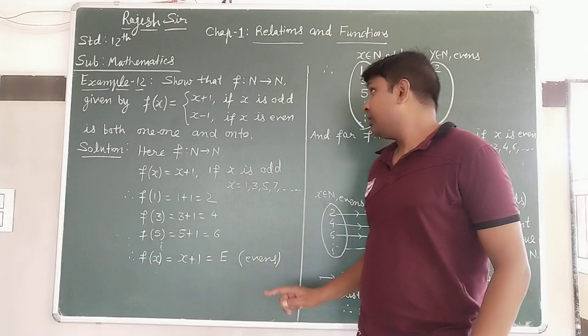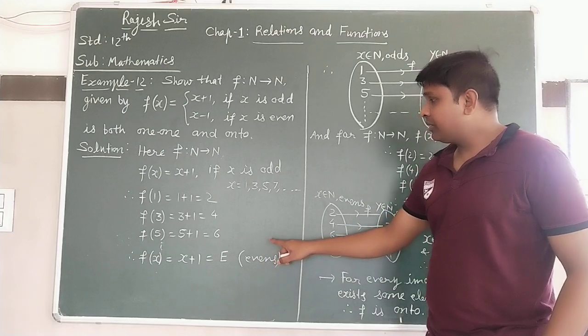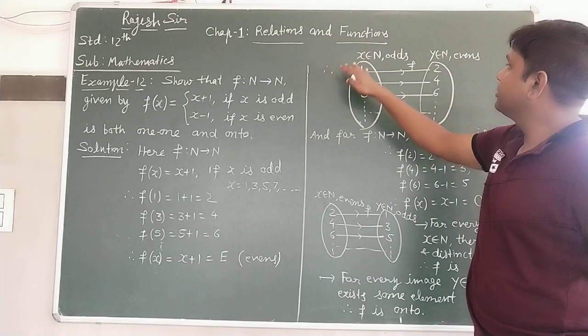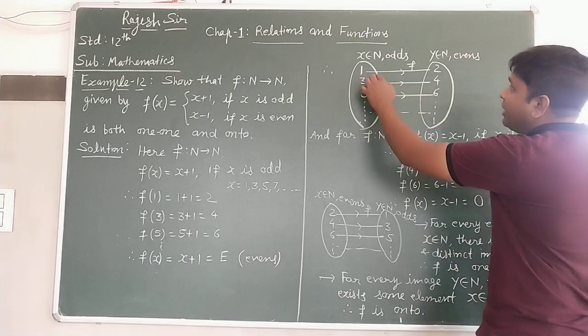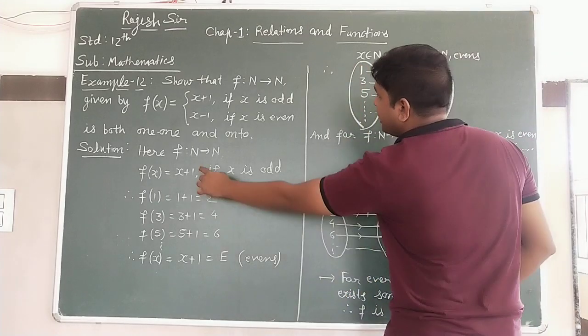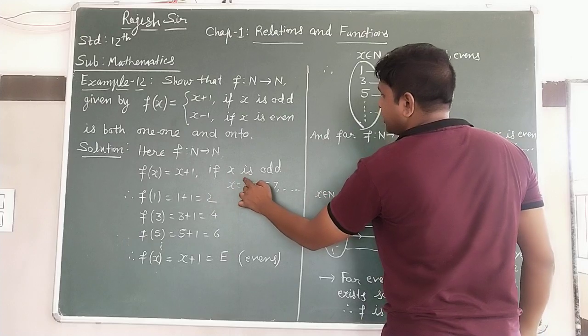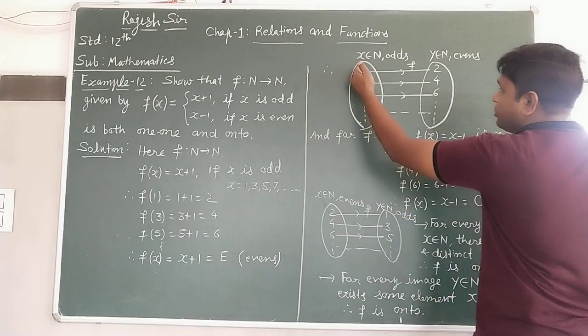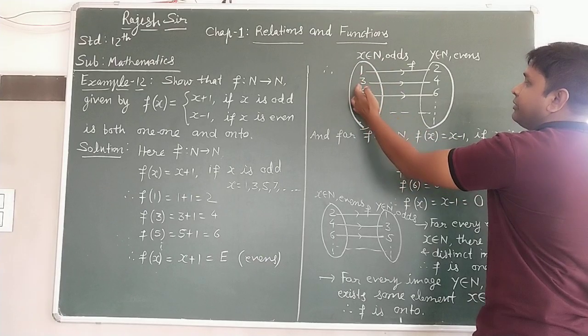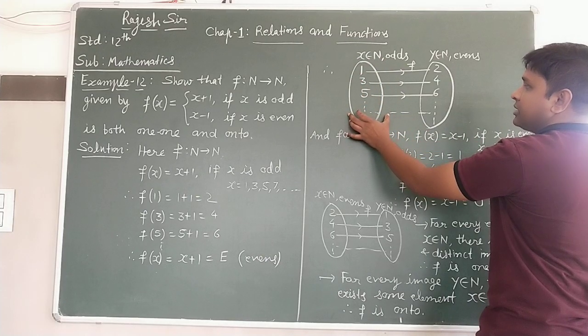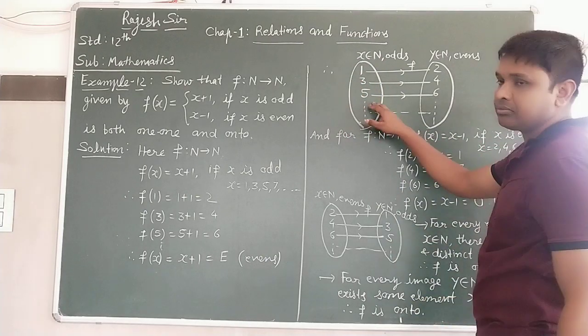If we make a picture or figure of the function like this, the elements in the domain are from natural numbers. The odds are 1, 3, 5, 7, so we have placed them here, x belongs to N. All odds 1, 3, 5, 7 we have placed in the domain.